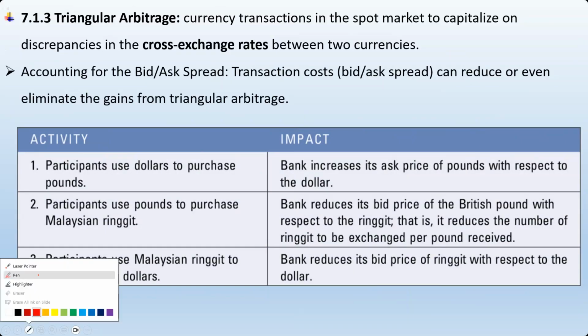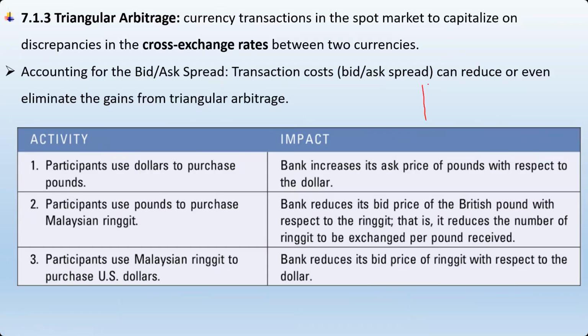So we have a table that I wish you could remember or at least put on your formula sheet. We have bid price and ask price, and then we have the bank, and then the multinational corporation, or you.